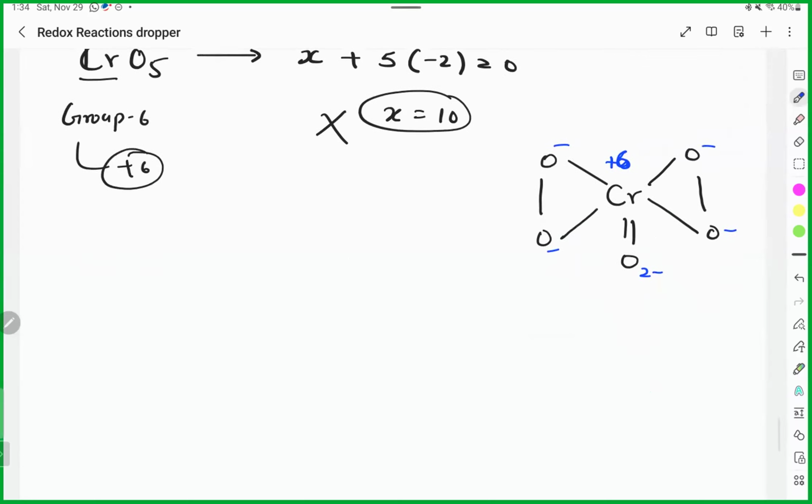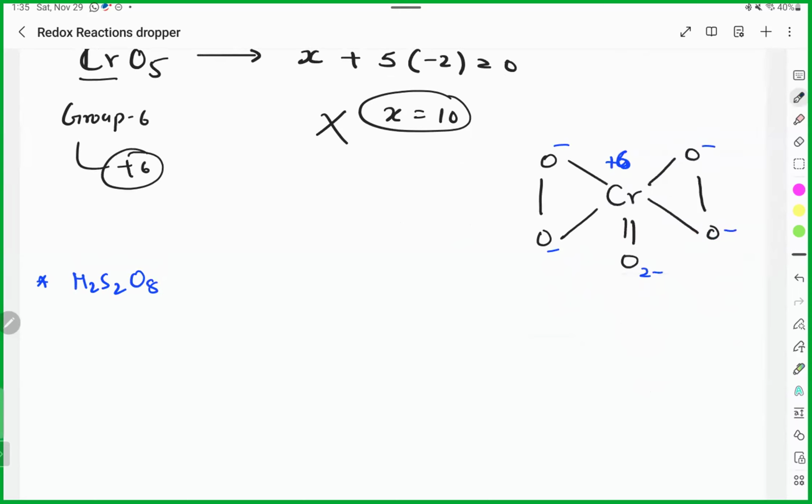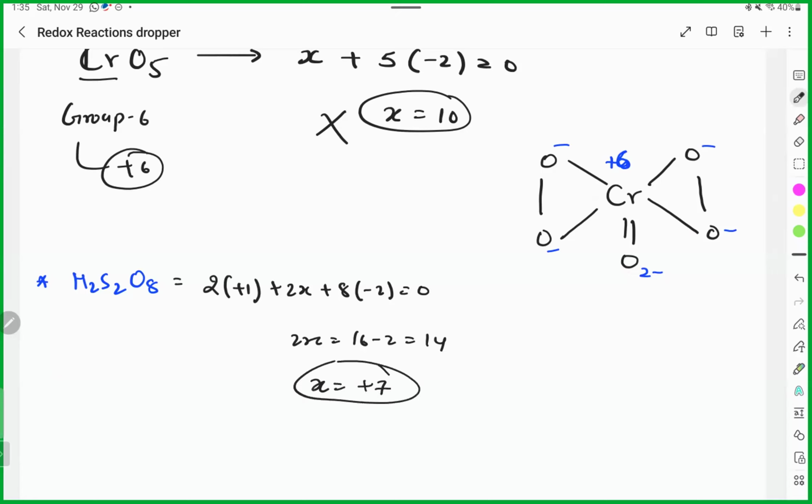One more example. H2S2O8. What should be the charge on the sulfur? 2x is equal to 16 minus 2, 14. So x should be +7, but this is wrong.